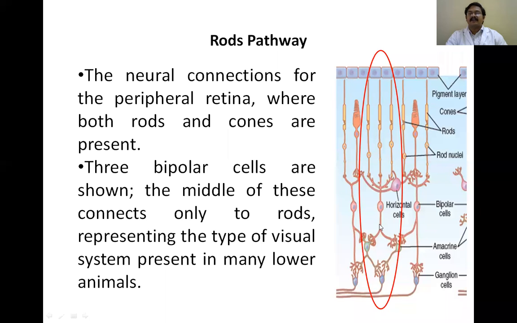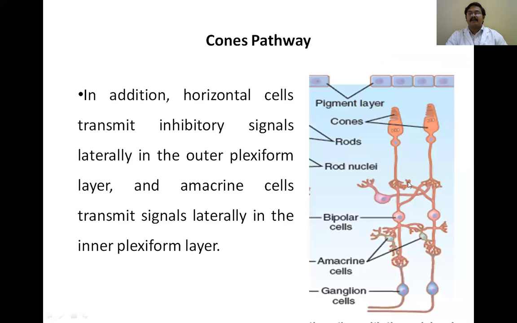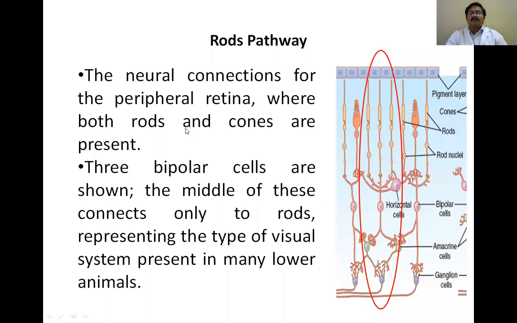The central bipolar cell is also synapsing with 3, and this one is synapsing with 2. When you look at the macular region, it synapses with only a single cell. The center shows 3 bipolar cells in this picture.